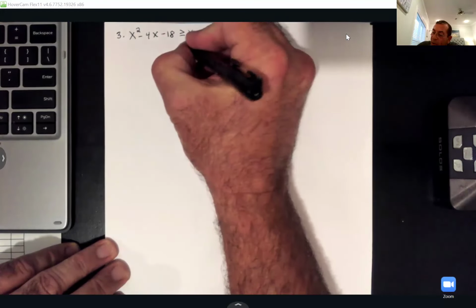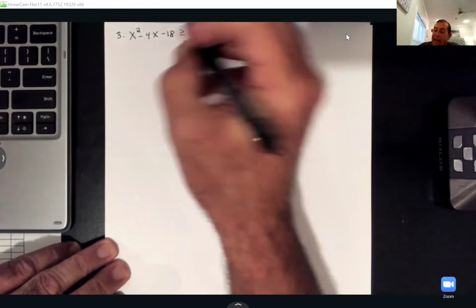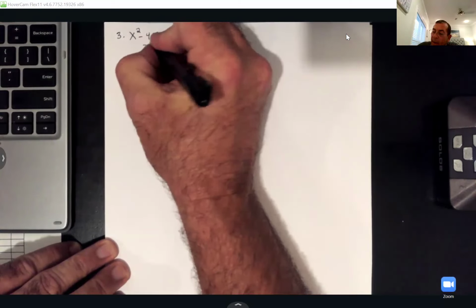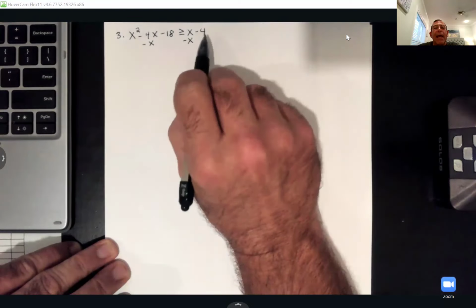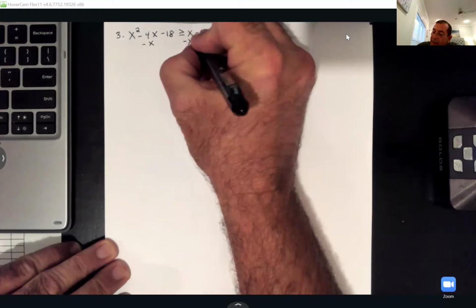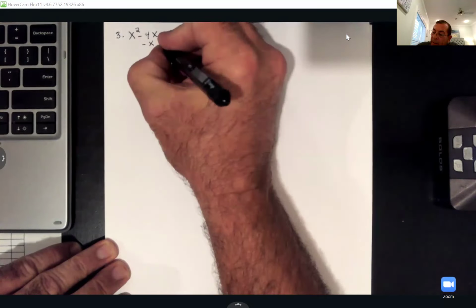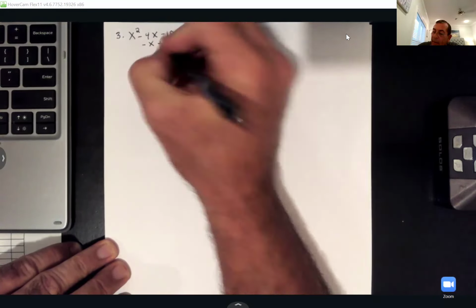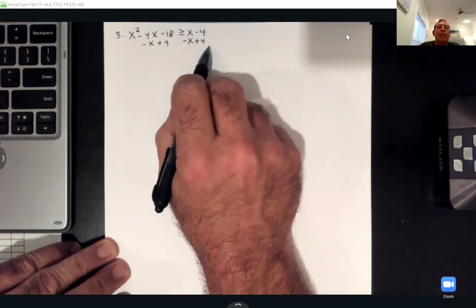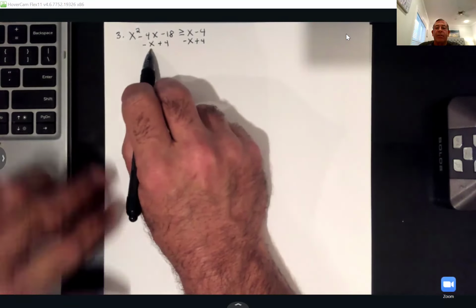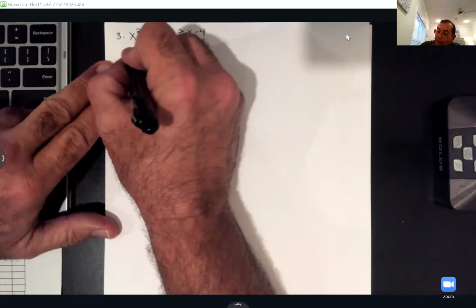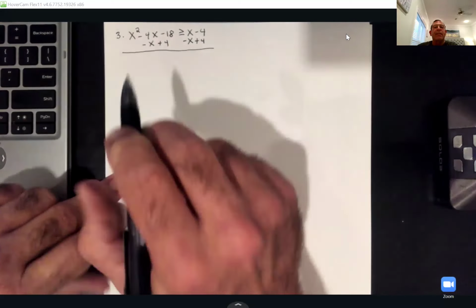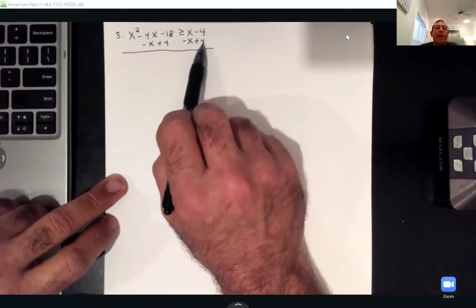We got to subtract that x from both sides. And we got to add 4 to both sides. Okay, so 2 things to move on this side, add their opposites to the other side. Because y'all, that's the biggest thing we got to get is that 0 here, okay?